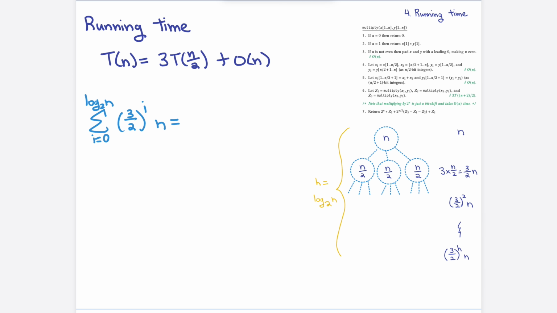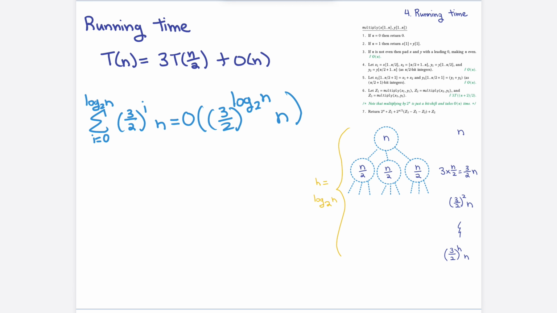So this is what our tree added up to, right? Yeah, so up to constants, this sum is always going to be dominated by the largest term.